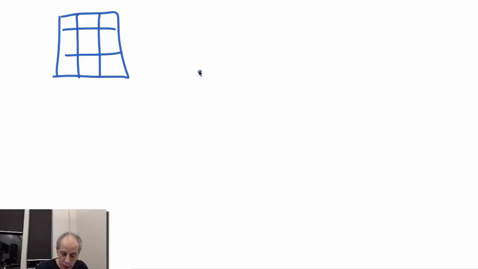So for example, if you have pixels which look like this, and one of the pixels is very noisy, when you order them, this one is going to be replaced by one of these values. They're all equal, so it's going to go down.